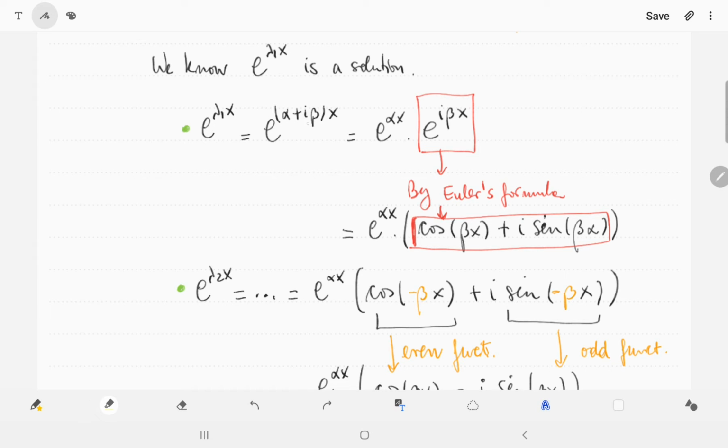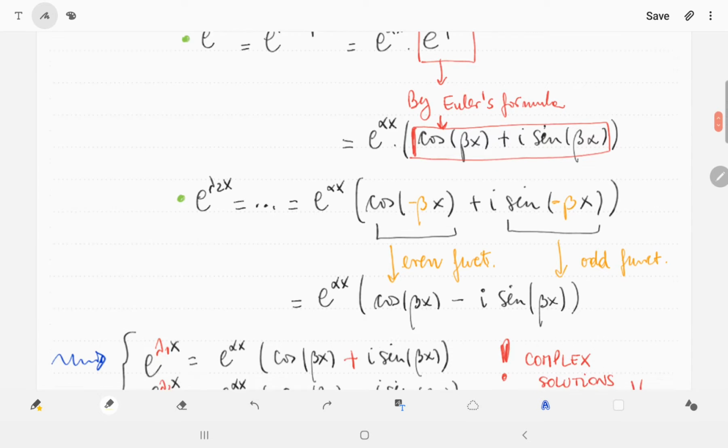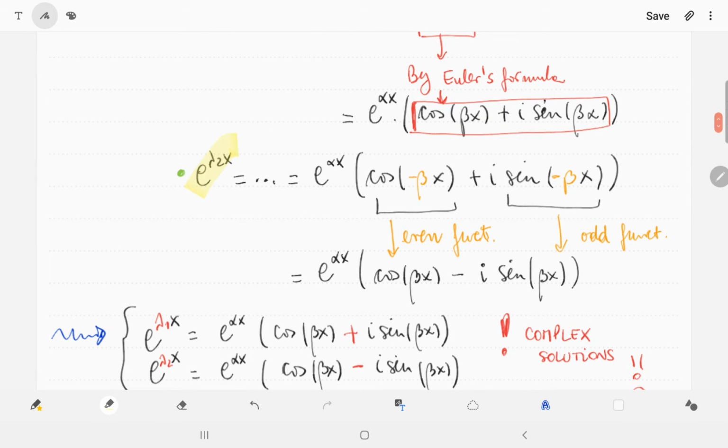If we rewrite this solution as e^(alpha x) e^(i beta x), here we use Euler's formula, which is this identity here with these red squares, and we know that this can be written as the cosine of beta x plus i times the sine of beta x. And we do the same for the second solution.